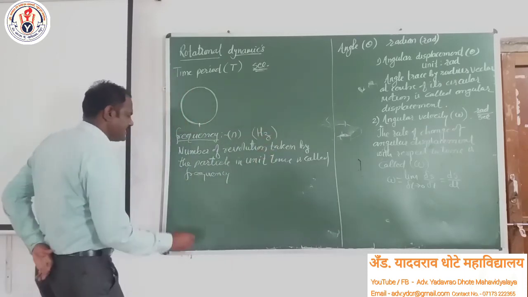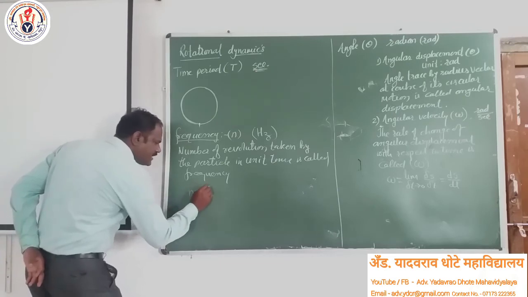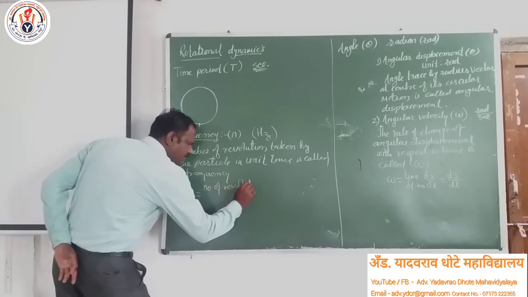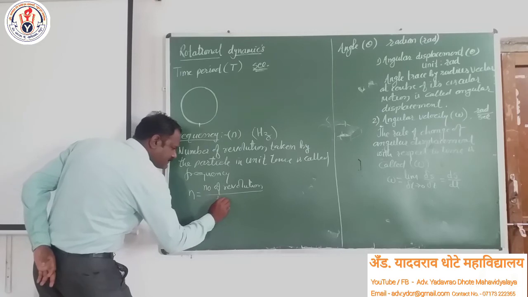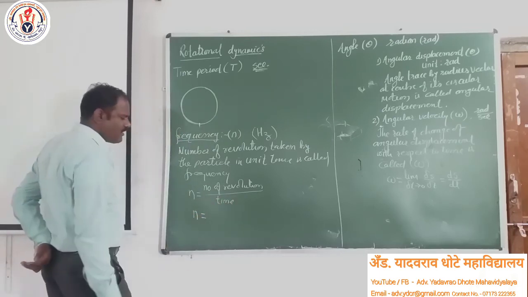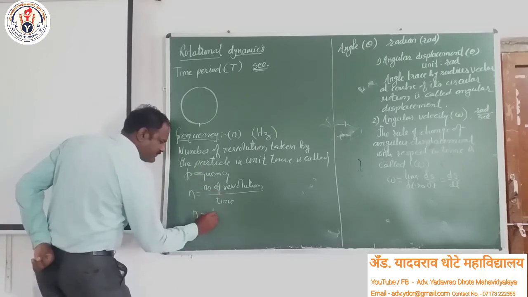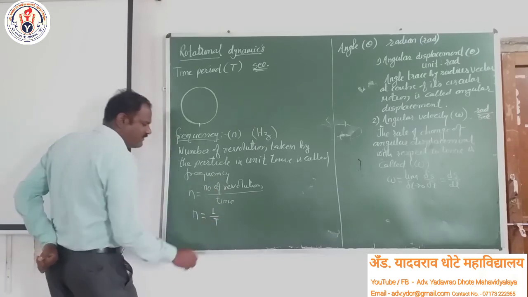So therefore we say that frequency N is equal to number of revolution in unit time. From this relation we observe that if it takes only one revolution, it takes a time period.